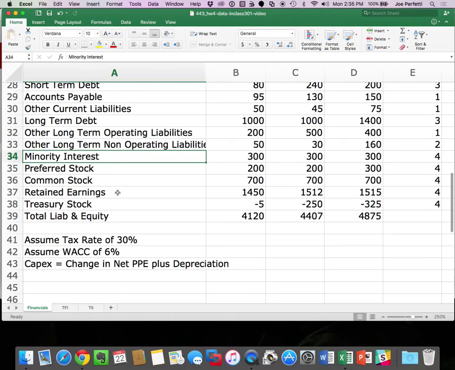And it is equity. But it's interesting because in a way, I have a foot in both worlds on the accounting side. Because minority interest is what I owe to somebody else's shareholders. So it's a liability, but it's an equity investment that they have made. So right now, under FASB, minority interest is classified as equity.